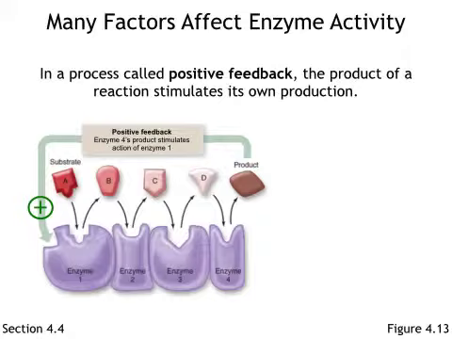So again, this is like a cofactor. It makes the enzyme more efficient. So it's a positive feedback because every time you make a product, it's encouraging this process. It's encouraging turning substrate A into the product, right? So it just makes it go faster and faster and faster. That's why there's a loop there. It's a positive feedback loop.